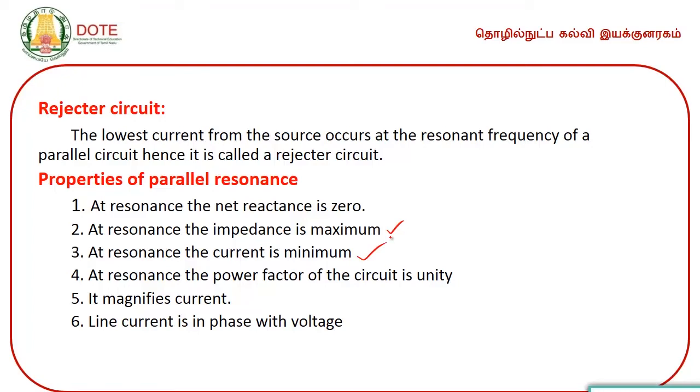You compare this with the series circuit, where the current is maximum. Fourth point is at resonance the power factor of the circuit is unity. Fifth one is it magnifies the current. What happens in the series resonance circuit? It magnifies the voltage, whereas in the parallel resonance circuit, it magnifies the current. Then line current is in phase with voltage.